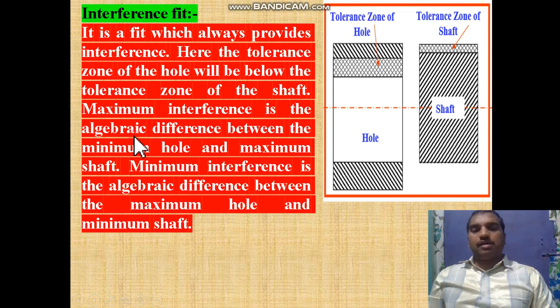Maximum interference is the algebraic difference between the minimum hole and maximum shaft. Minimum interference is the algebraic difference between the maximum hole and minimum shaft.